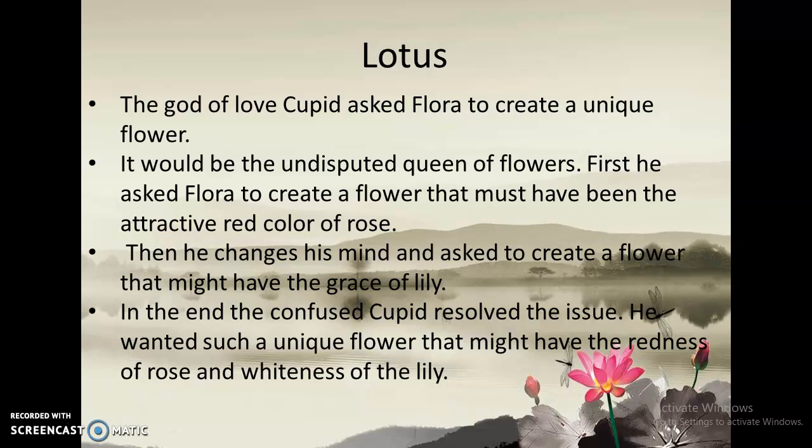Then he changes his mind and asks to create a flower that might have the grace of lily. So first, Cupid chooses the red color, then he changes his mind and selects the white color of the lily. But finally, he ended the confusion and Cupid resolved the issue. He wanted such a unique flower that might have the redness of the rose and whiteness of the lily.